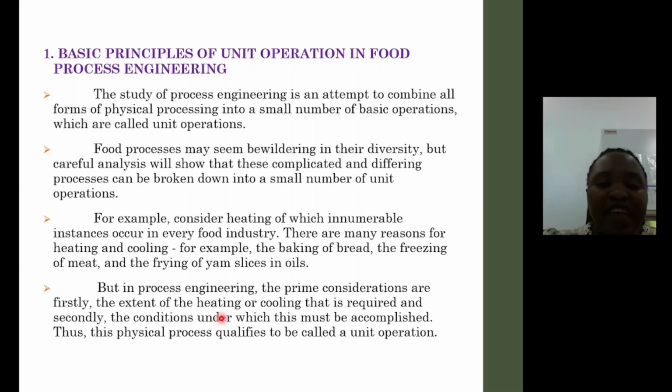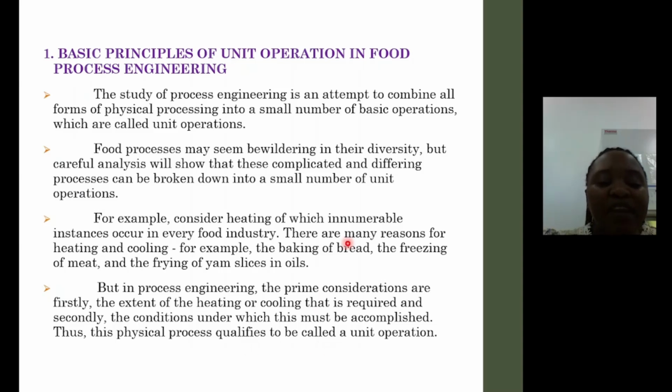So we first consider how much heating or cooling is required. Then number two, the conditions under which this must be accomplished. So how do we achieve that extent of heating? How do we achieve that extent of cooling? Thus, this physical process qualifies to be a unit operation.